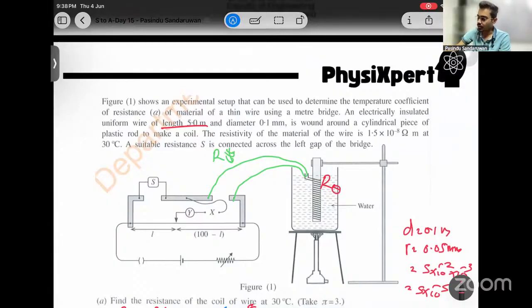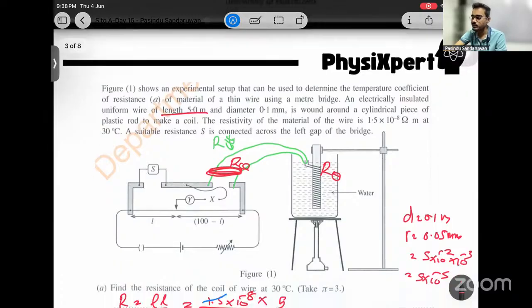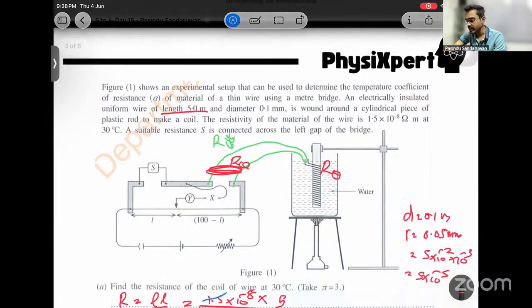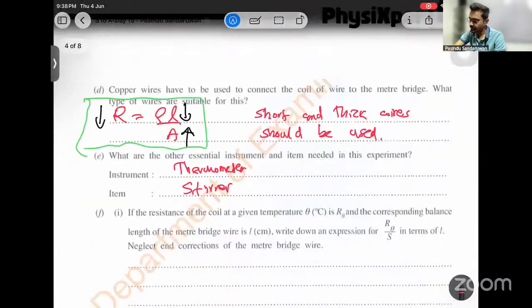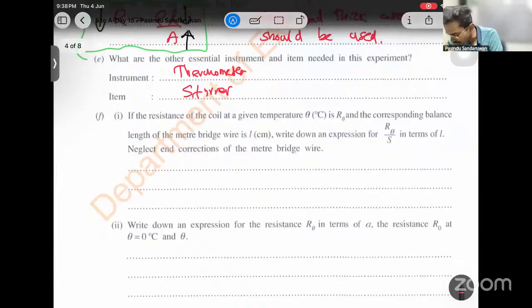We know any meter bridge works from the Wheatstone principle, so S over L equals R theta over 100 minus L, the ratio between resistances.